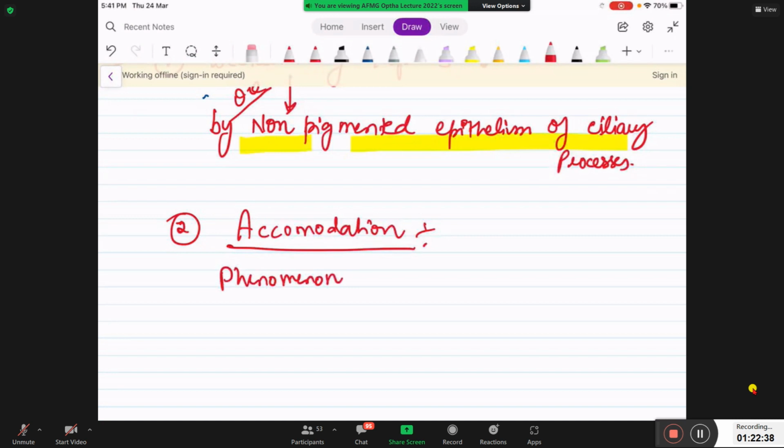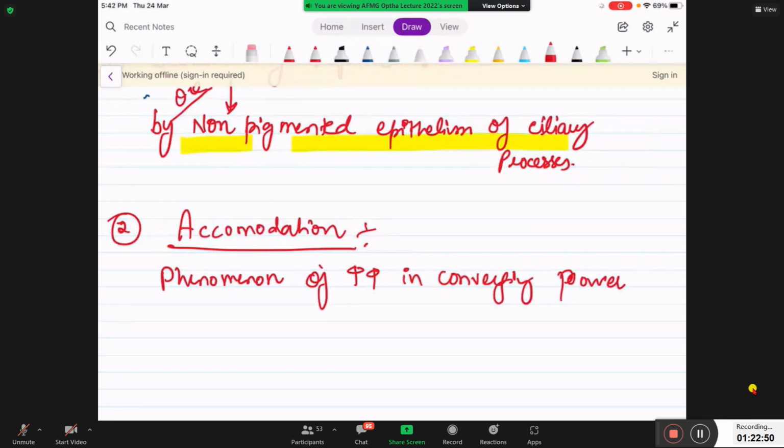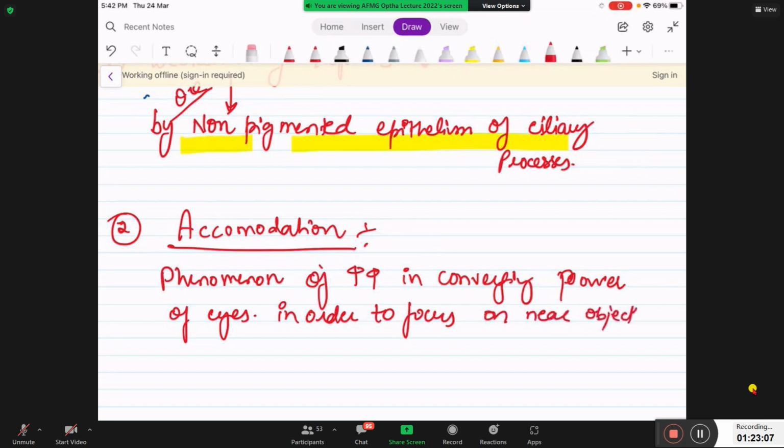Write down the definition. What is accommodation? It is a phenomenon of increase in converging power of the eyes in order to focus on near objects.